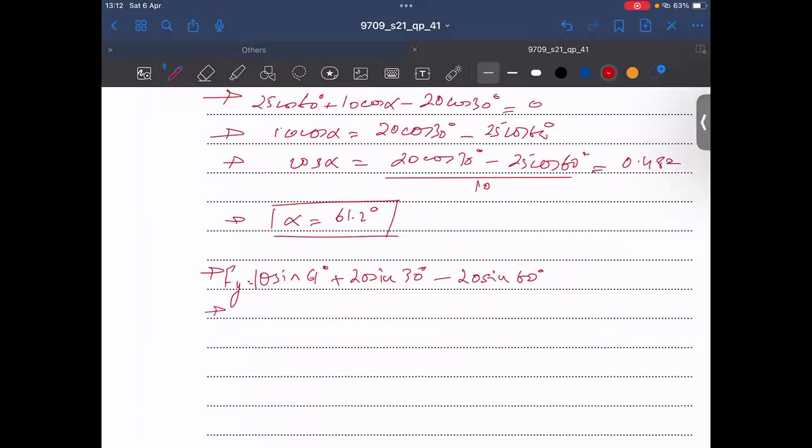Yes. Amna, what are you getting then? Fy is going to be equal to the resultant force because we don't have any resultant in the x direction.